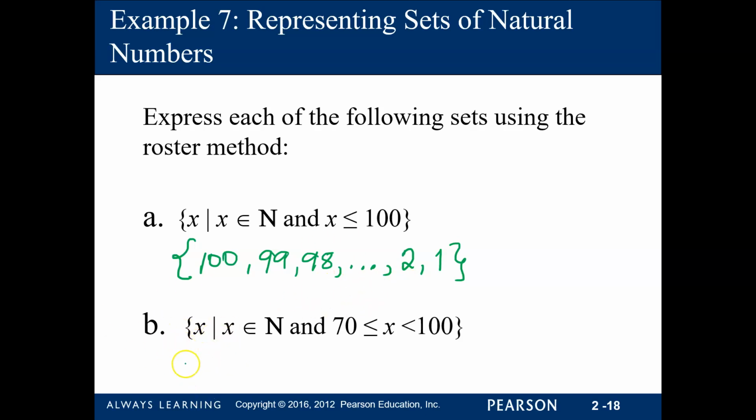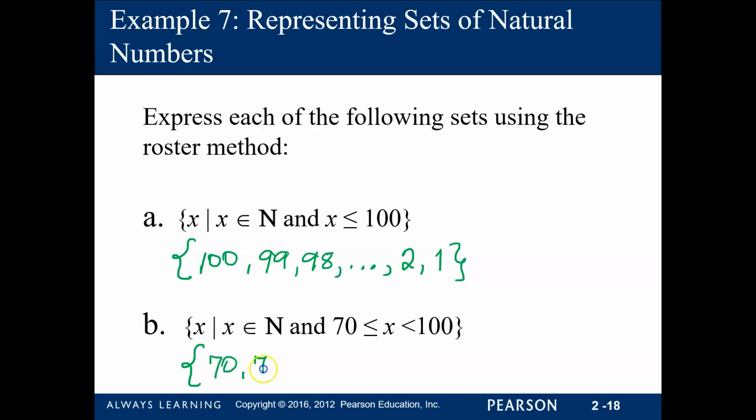The next example here, we have all the elements x in such a way that x is a natural number, and it is between 70 and 100, okay? So if we list this down, we know that we have numbers that are between 70 and 100. Now, looking at our inequality, there is an equal to symbol right beside 70, so it means 70 is going to be included.